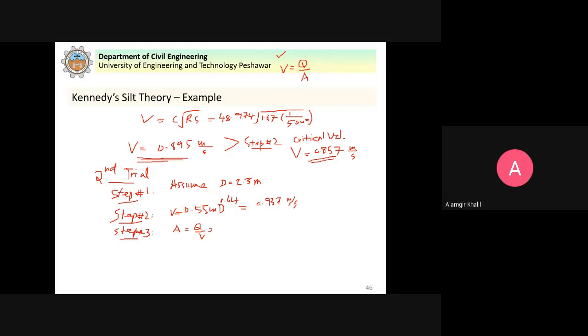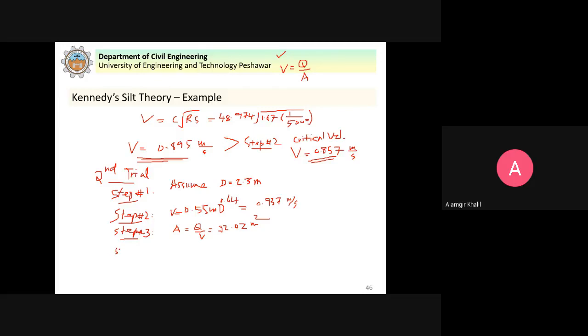So this area comes out to be 32.02 square meter. Next we can quickly calculate the bottom width.